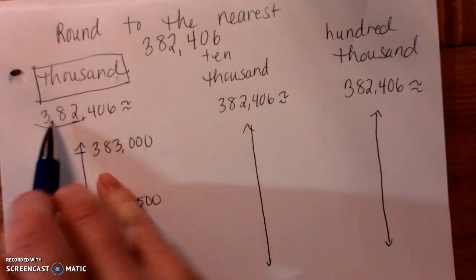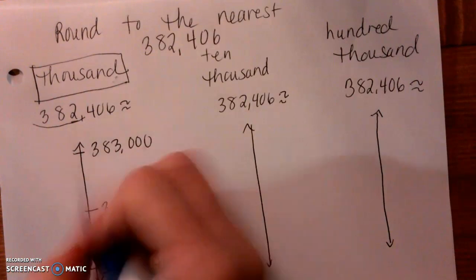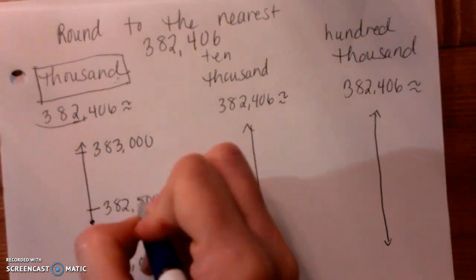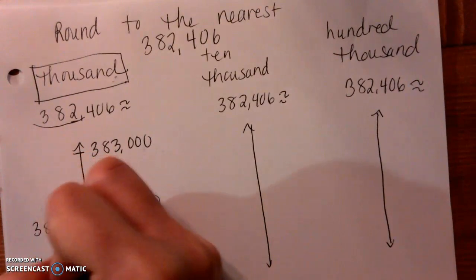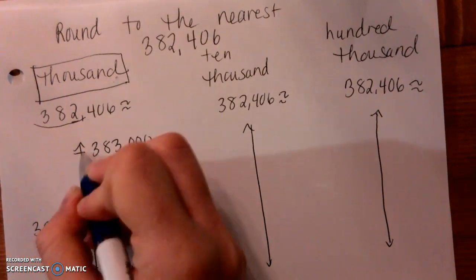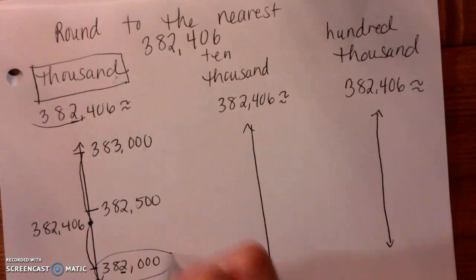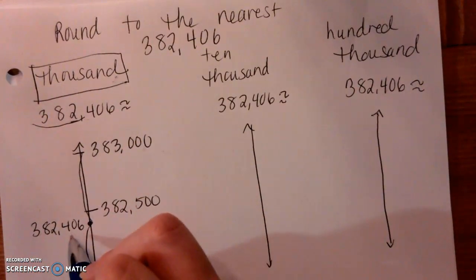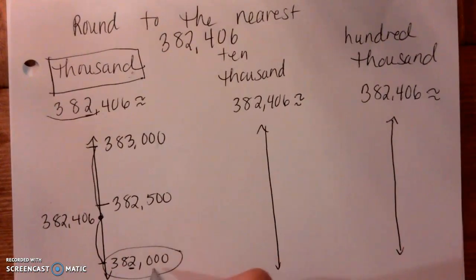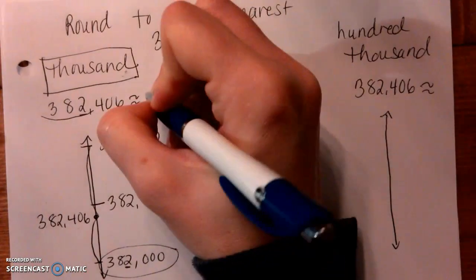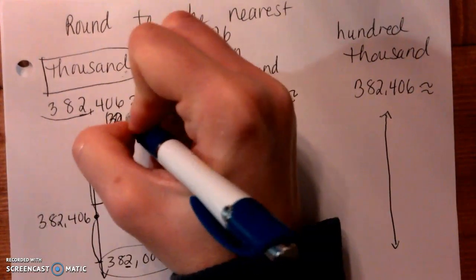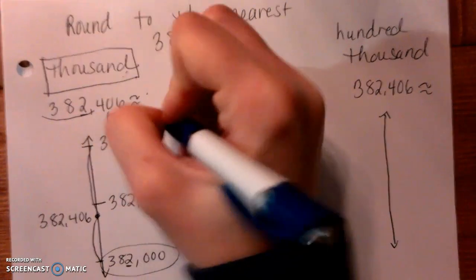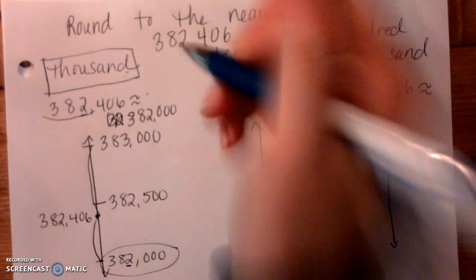And I can see that this 400 would fall below or less than the 382,500. So I can round it right here, and I can see that 382,406 rounds to 382,000 because it falls in the bottom half of my number line. Rounded to the nearest 1,000.